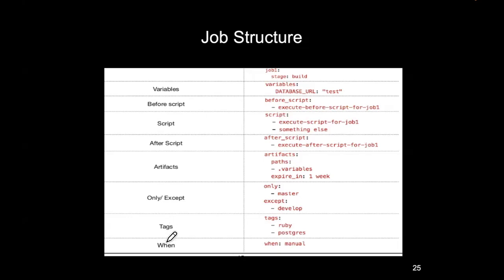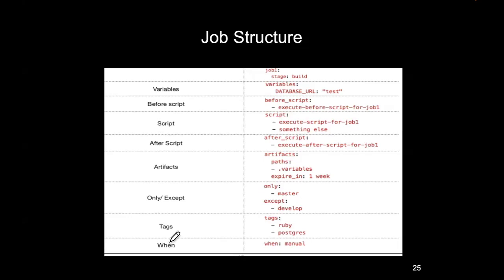The when property of a job, the only time you would use that is if you want to allow a person to control when a job should execute. Normally, jobs get executed automatically, and that's controlled by GitLab. But maybe there is a job within a pipeline, and when GitLab gets to the stage that it's ready to execute that job, it doesn't actually do it.